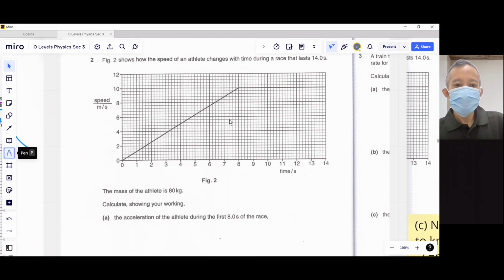Okay, if you look at 2A, they ask for acceleration. My best suggestion is start using the formula.